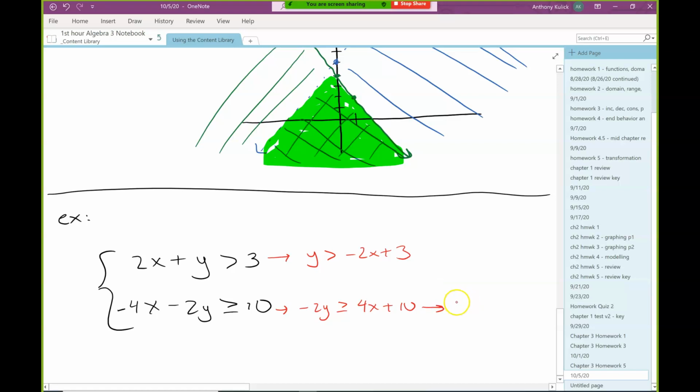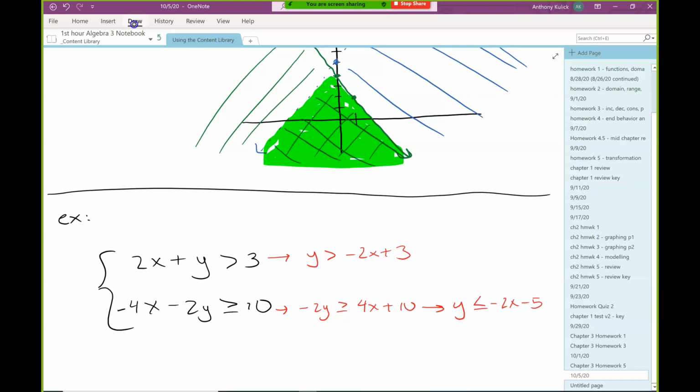What do we have to remember when we do that, though? Yeah, since we're dividing by a negative, we have to remember to flip the inequality symbol. So it's changed from a greater than or equal to a less than or equal to, because we divided by a negative.